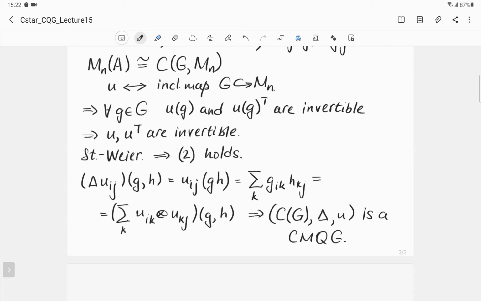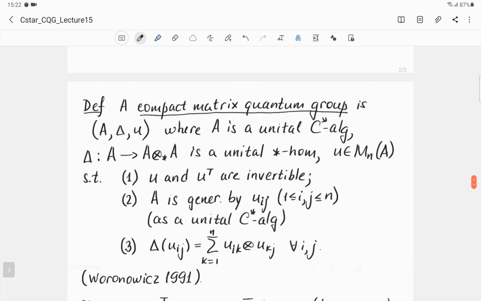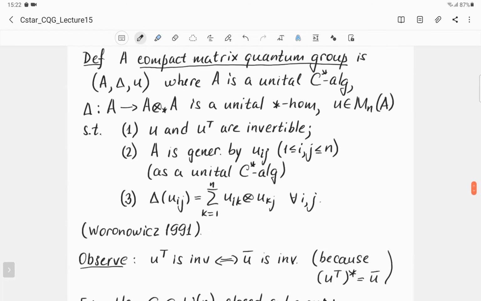The key point here is that if we take any compact matrix quantum group, then the respective fundamental matrix U, which is a part of the definition, can be chosen in such a way that it is unitary. This is true, but this is not obvious. Probably we will be able to prove this in maybe 2 to 3 lectures.